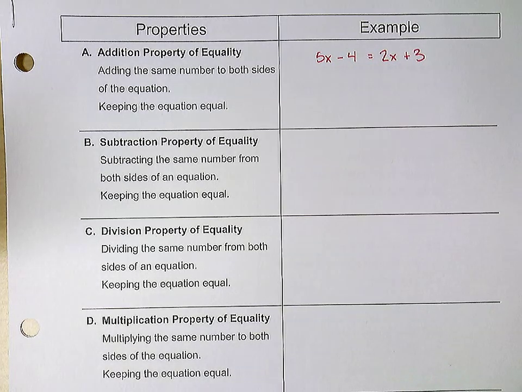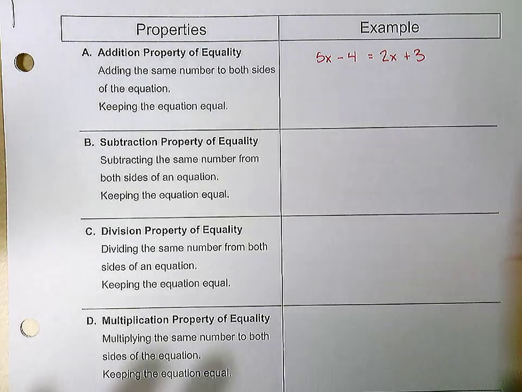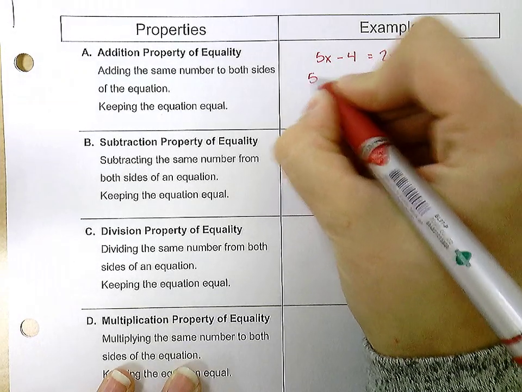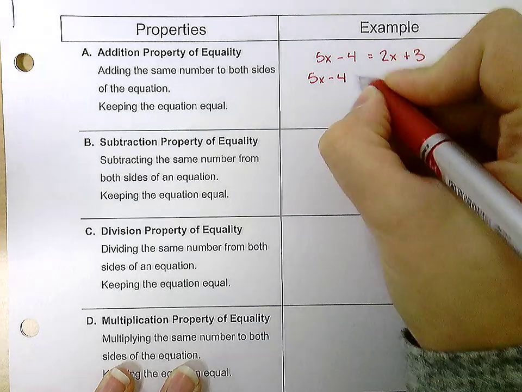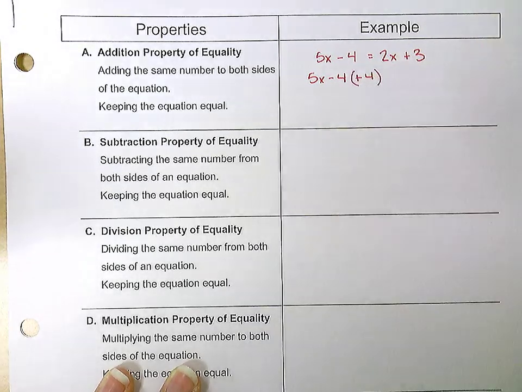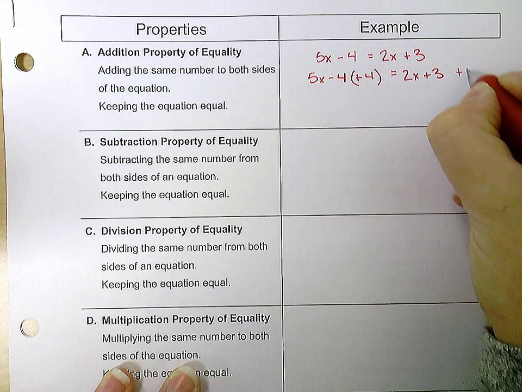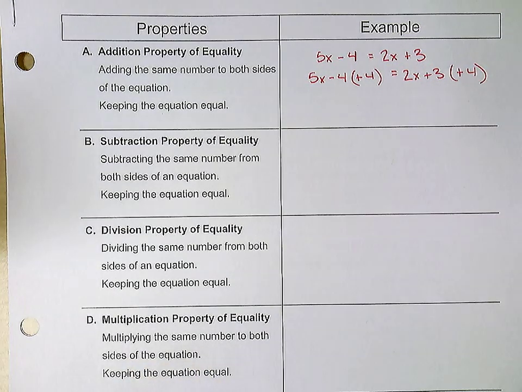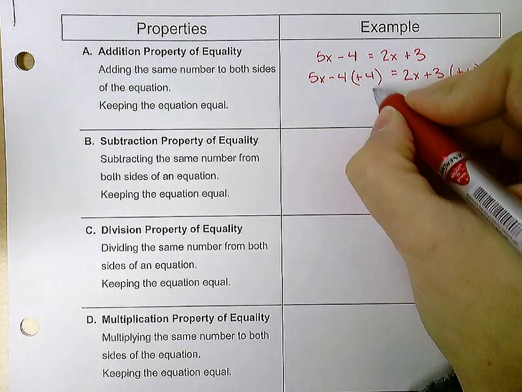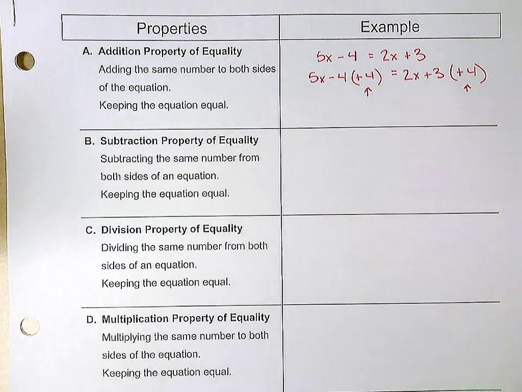Okay, so the addition property of equality would be if I were to take that 5x minus 4 and add 4 to both sides of that equation. So this plus 4 piece, you're adding the same number to both sides. It's the addition property of equality.